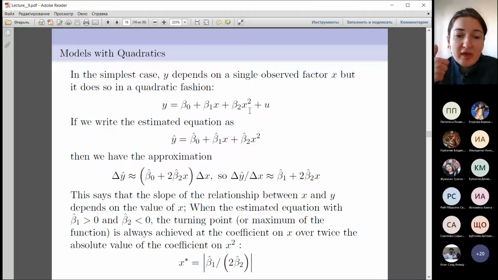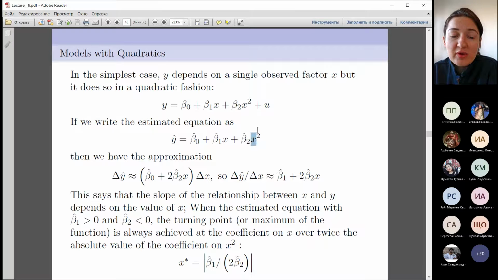First of all, you need to remember about the vertex, the turnaround point, and how to find this point. And if you don't remember, please check the information and the formulas from the slide. And also you should remember that the slope of the relationship between x and the dependent variable now depends on the level of x.